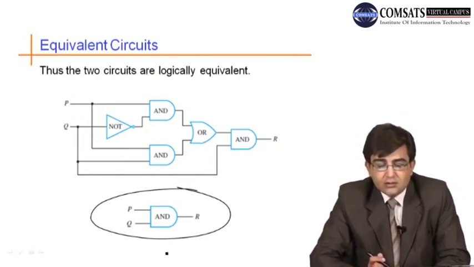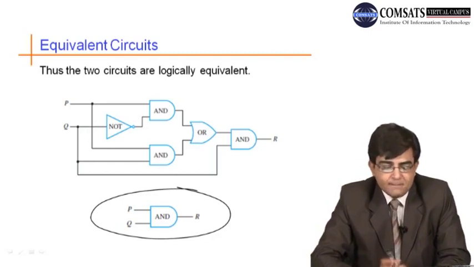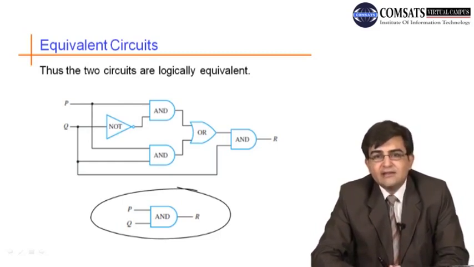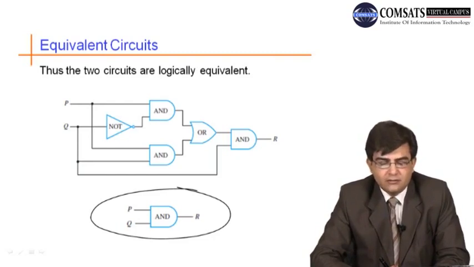So we can conclude that if we are given long and complex Boolean expressions, we can first simplify them by using the laws of logic, and then construct very simple circuits.